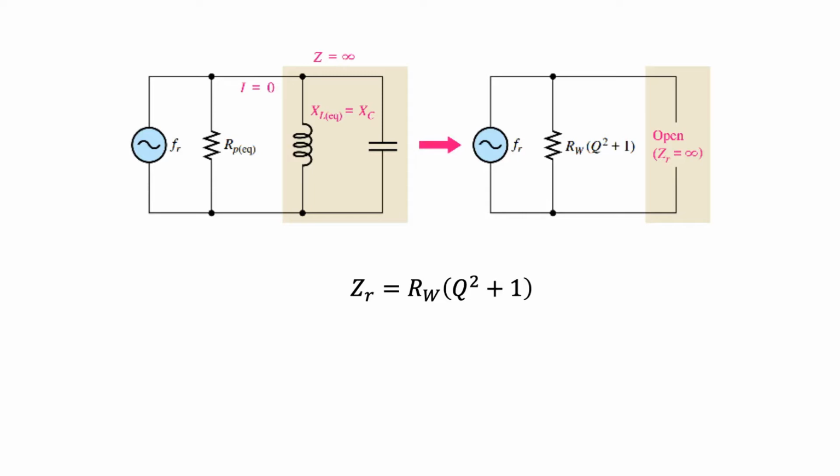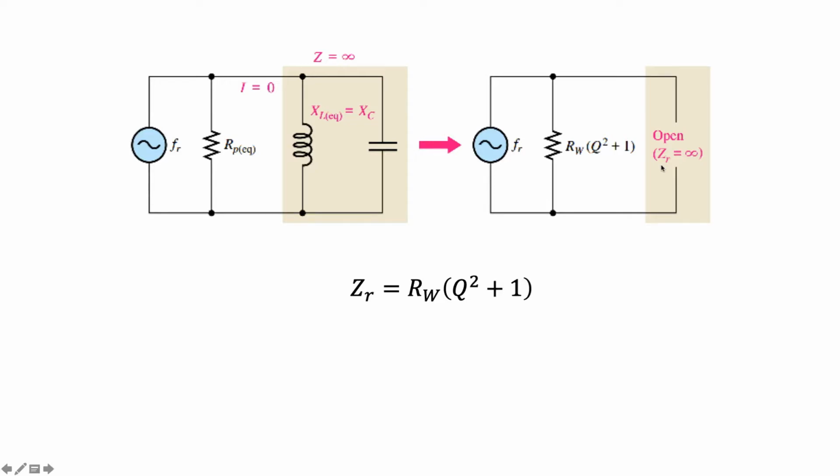Why did we need the conversion from the non-ideal tank circuit to the parallel RLC circuit? In the parallel RLC equivalent, we have the ideal tank circuit in parallel with our R sub P EQ. We already know how to interpret the ideal tank circuit. At resonance, the impedance of this tank circuit is infinite.